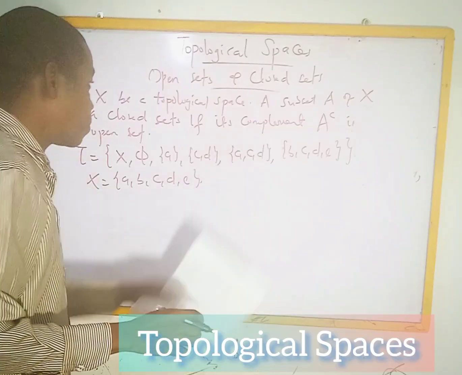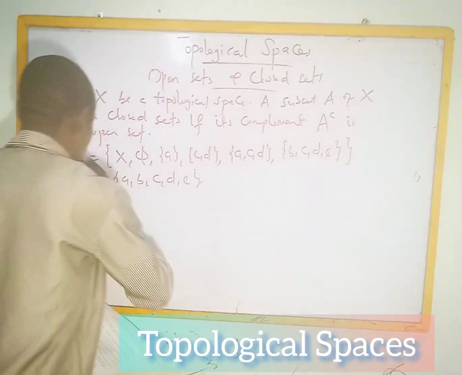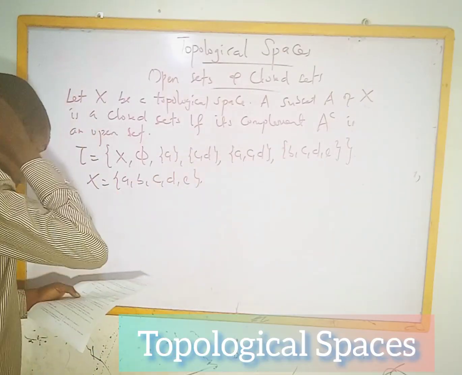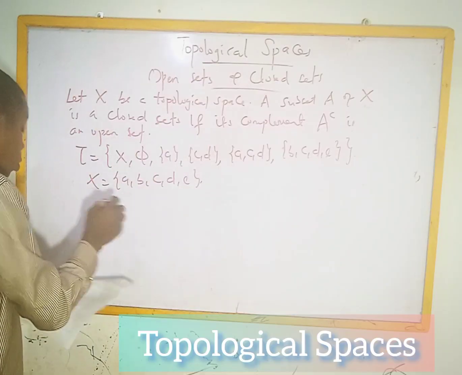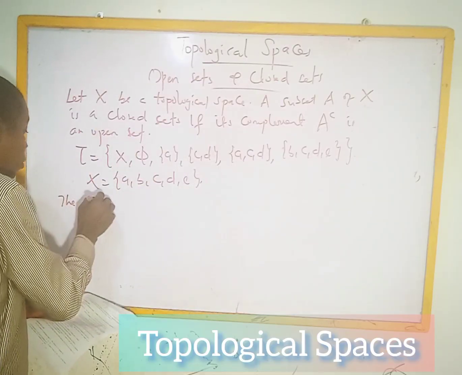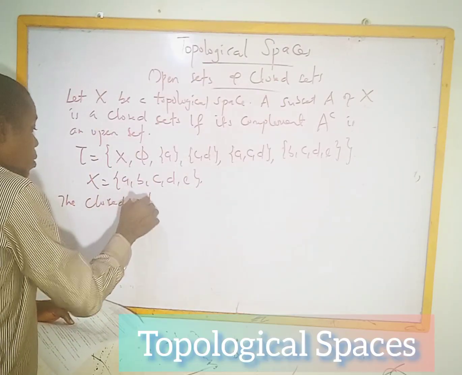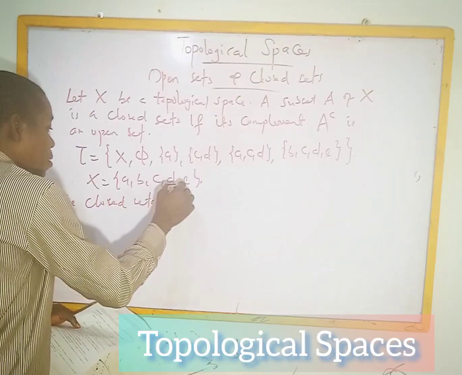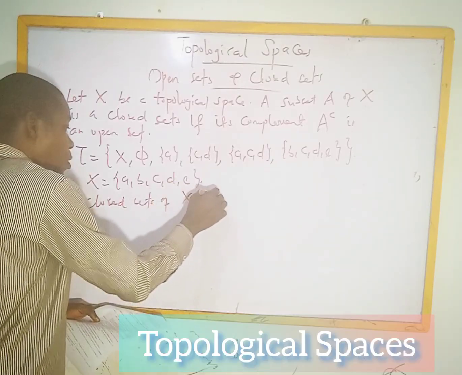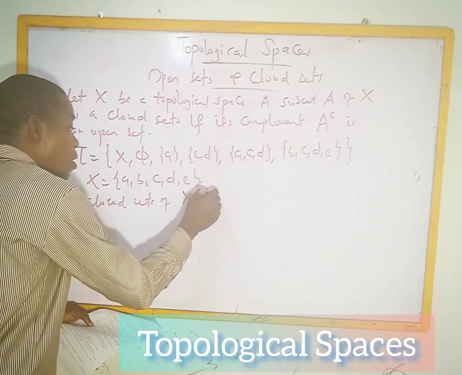Now, what are the closed sets here? The closed sets of X are as follows.